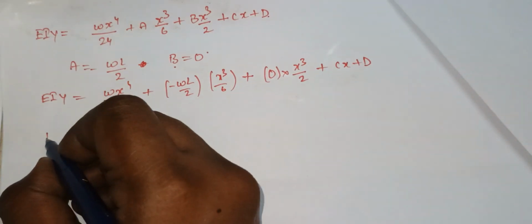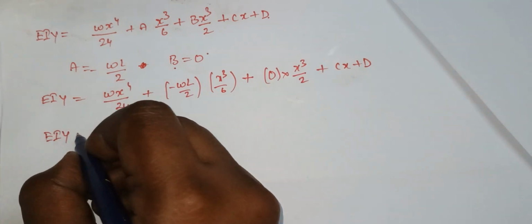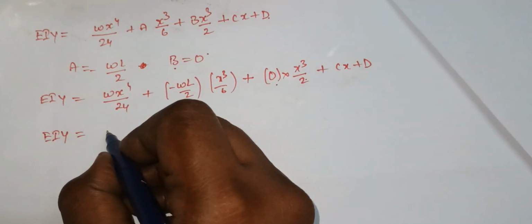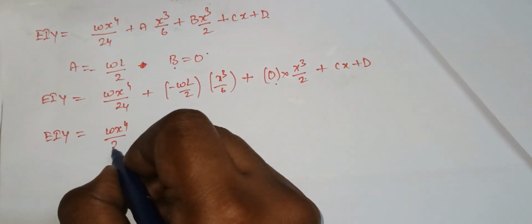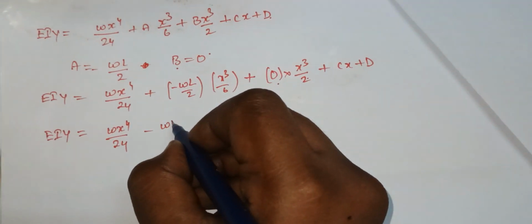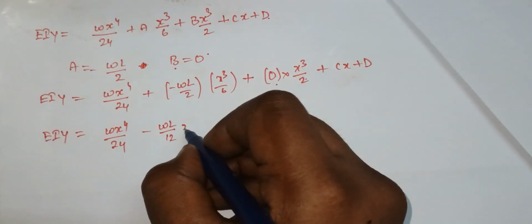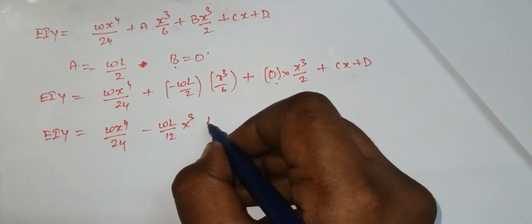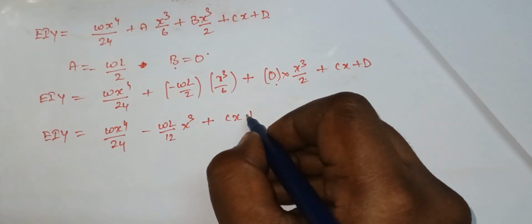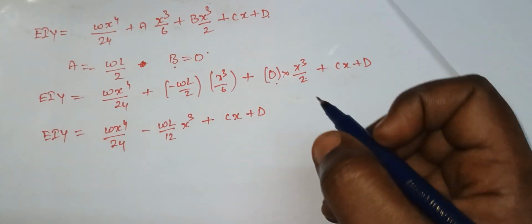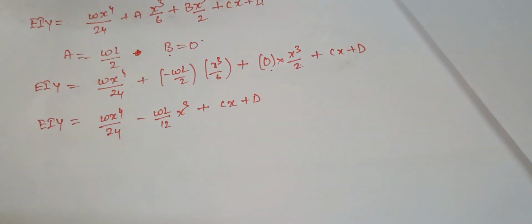Now after some simplification, the 0 term goes off. We get w x power 4 by 24 minus wL by 12 into x cube plus cx plus d. So this is the equation that we are left with.